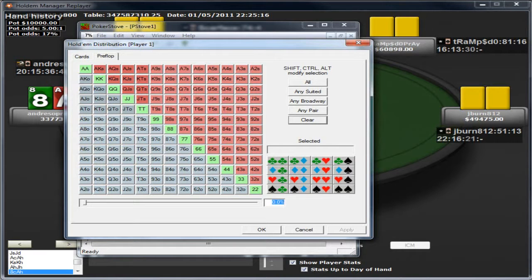Okay, so on Poker Stove we can do all kinds of combinations. If somebody is raising preflop, we can say, okay, this person's been raising. If we have Hold'em Manager, for example, or Poker Tracker, a heads-up display, we can say, okay, this person's been raising 15% of the hands. So what does that mean, which hands are those?